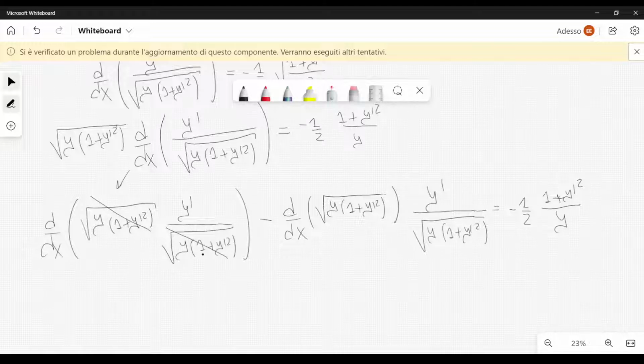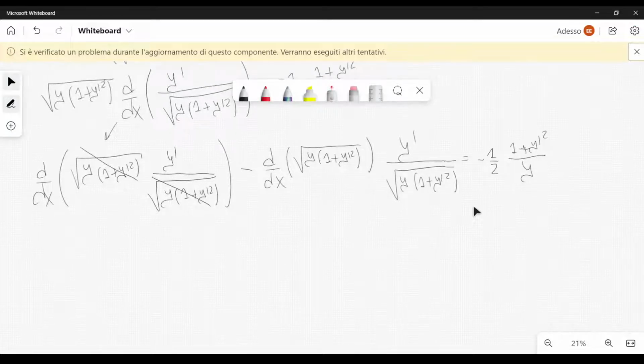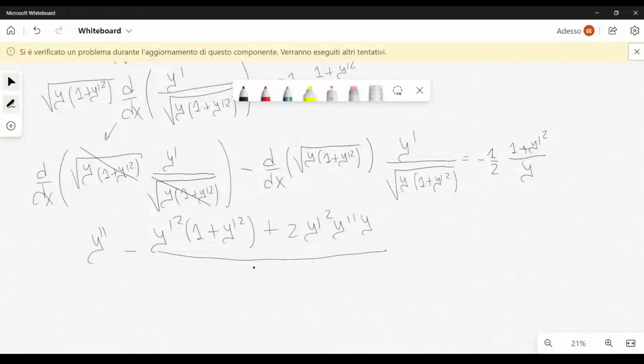This first term simplifies here, and the calculation is easier in this form, so we can write y double prime from this term. Then we have to calculate this derivative and multiply it by this, which is quite straightforward, so we get minus y prime squared times 1 plus y prime squared plus 2 y prime squared y double prime y, divided by 2y times 1 plus y prime squared, and this is equal to minus 1/2 times 1 plus y prime squared divided by y.